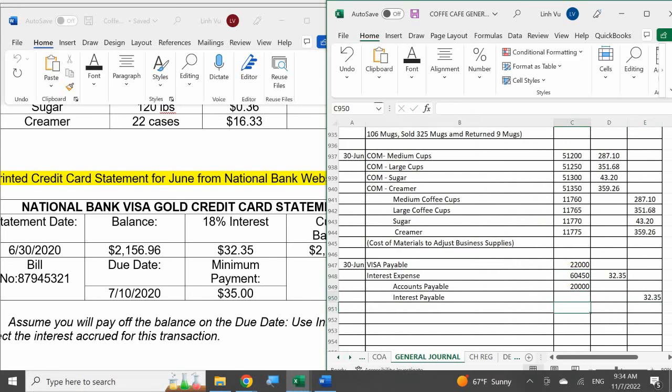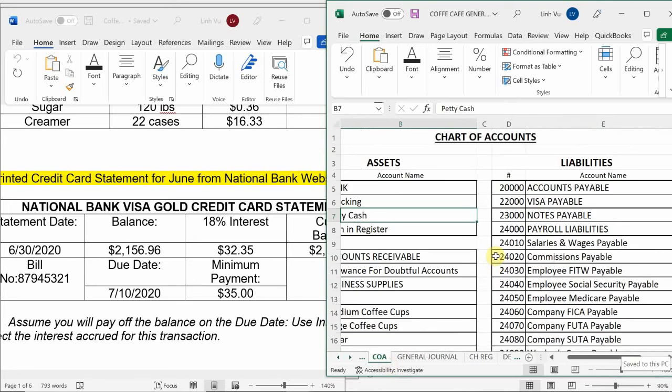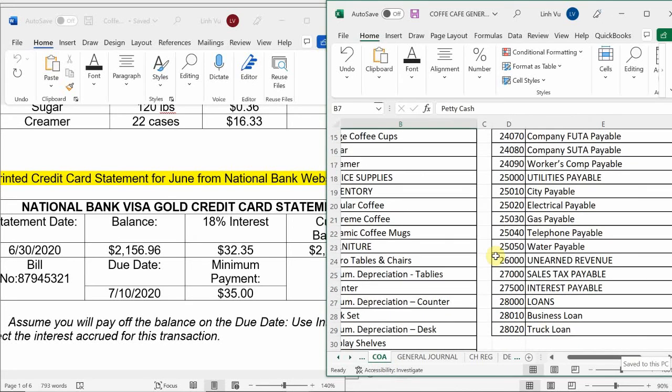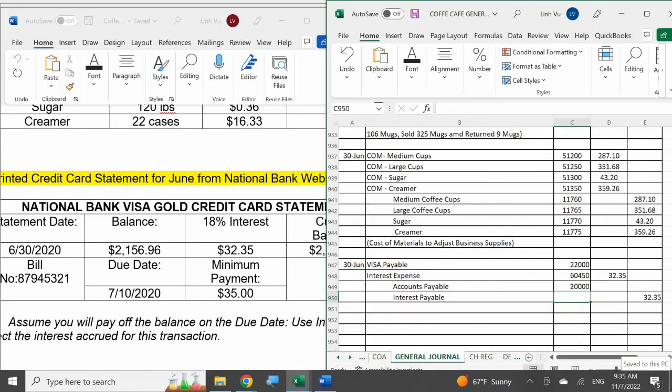And then my interest payable, since I'm not paying the bill yet, I'm going to choose to pay it later, is going to be $27,500. Okay.